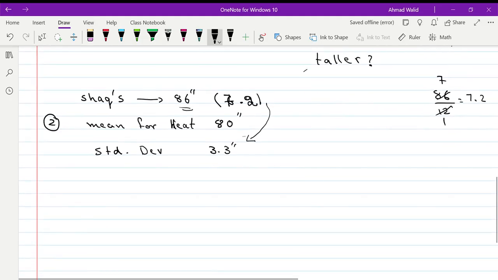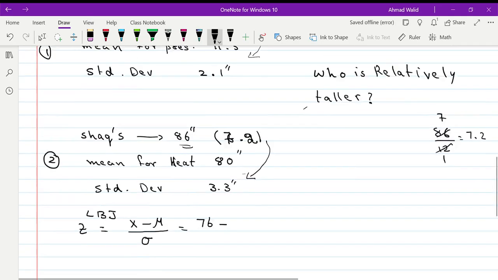Let's use our formula. First thing, I will use the z-score formula for LBJ, correct? Z-score is x minus mu, because we are talking about the population, over sigma. Your x for LBJ is 76, correct?